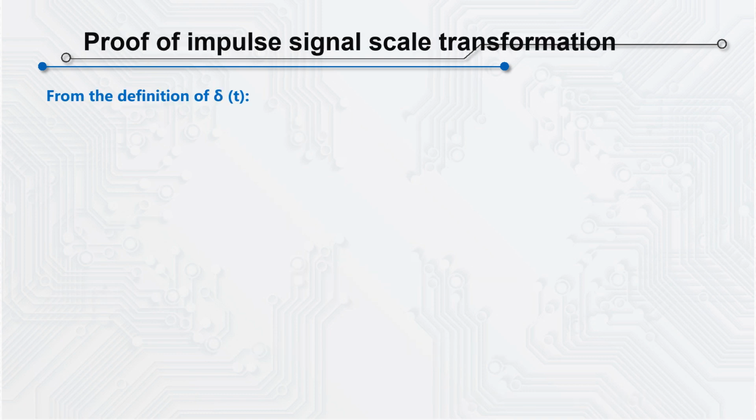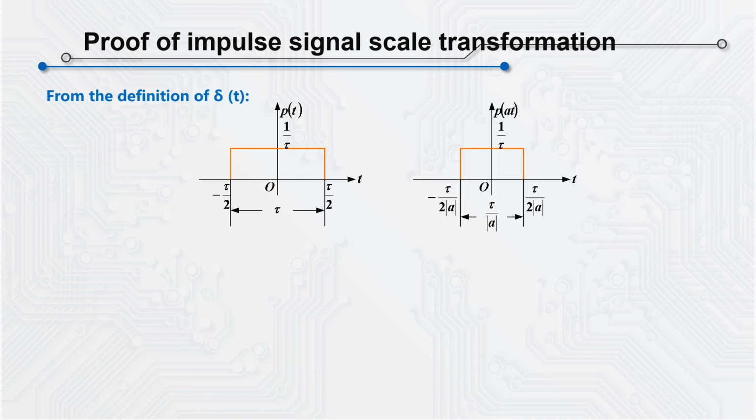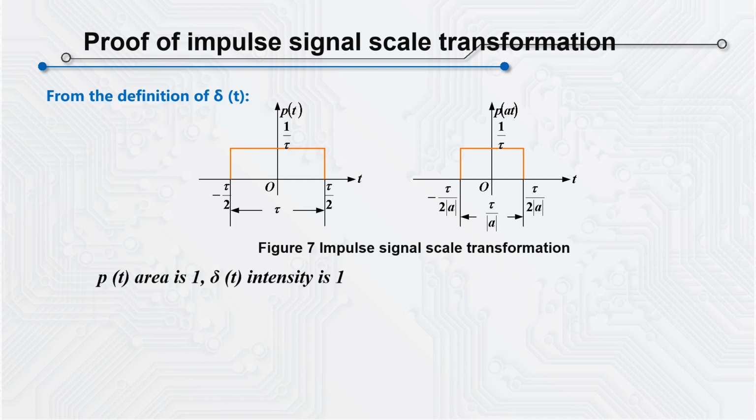From the definition of δ(t), we find δ(t) is the limit of p(t). When limiting p(t), the result is δ(t), and when scaling p(t), the graph of p(at) is on the top right. It is compressed on the time scale, and its amplitude on the vertical axis has not changed. The area of p(t) is 1. The intensity of δ(t) is 1. They are the same.